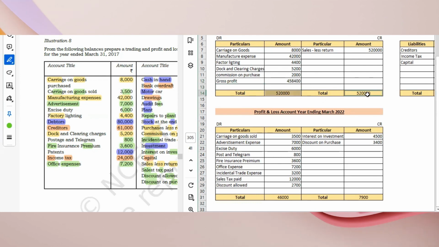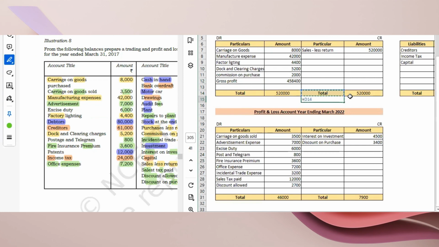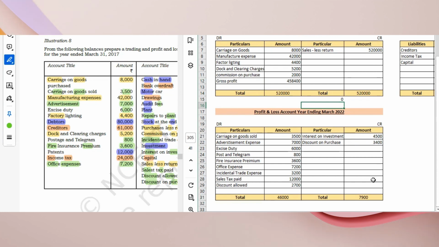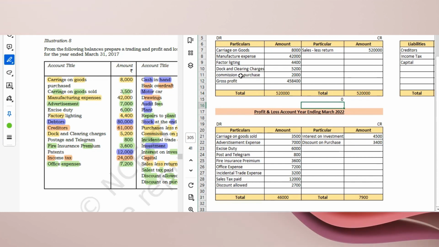See, these two are matching. So you can give one checkpoint here. It is 0. This gross profit should be transferred to your profit and loss account. So it is in debit, and now it is a credit entry. It is a transfer entry.